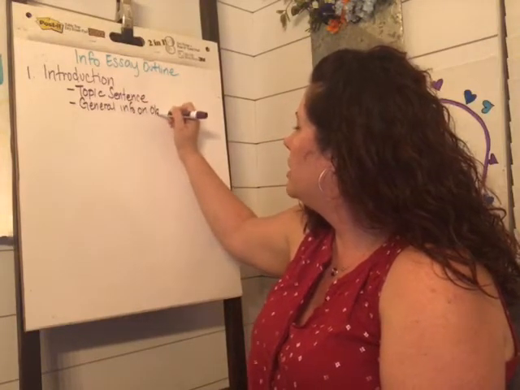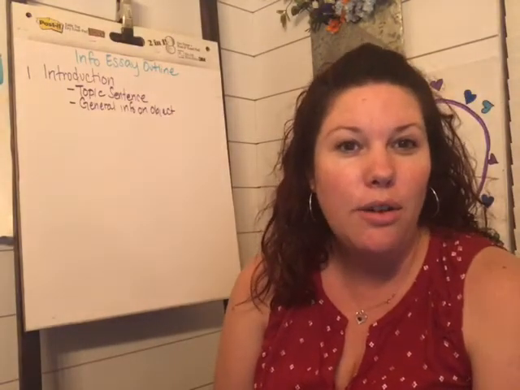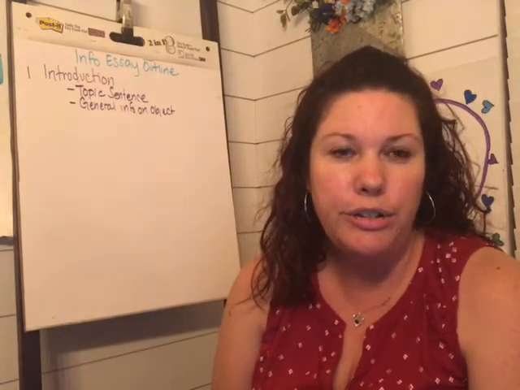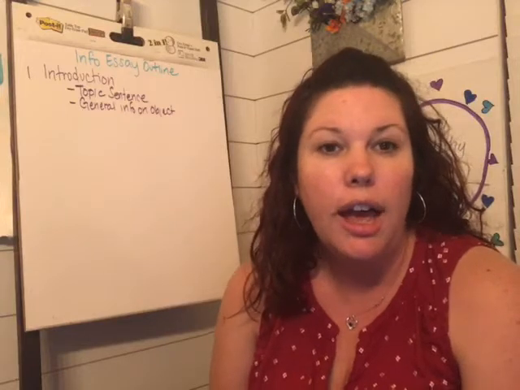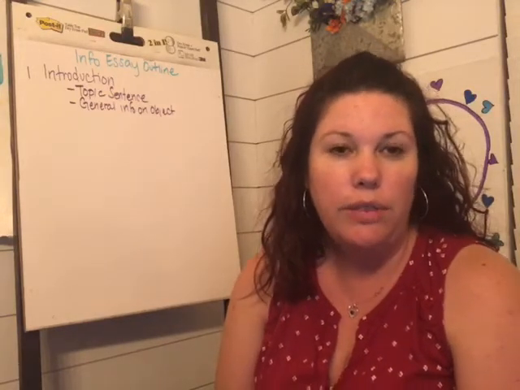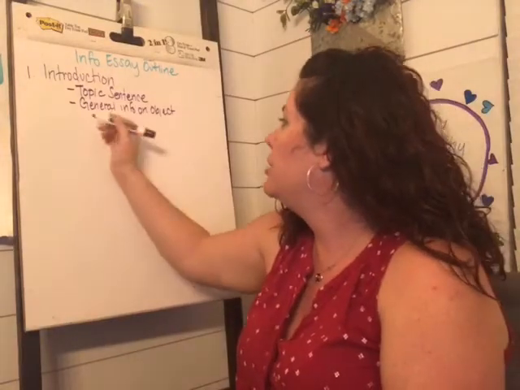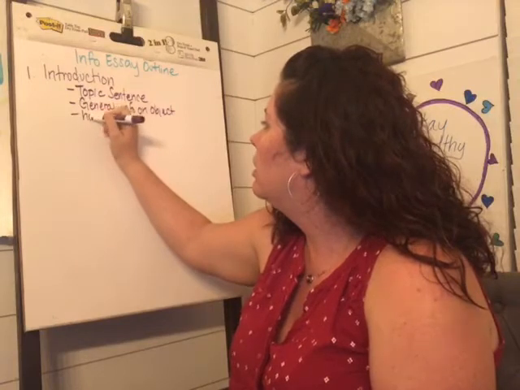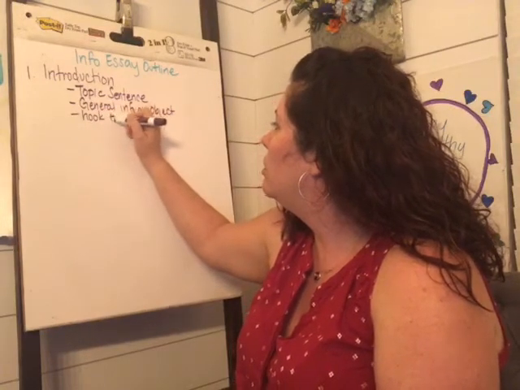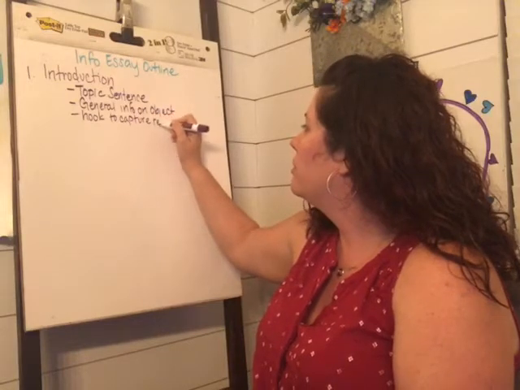And then something else that we absolutely can put into our introduction is a hook. A hook is something that's going to capture our reader's attention. So if you can think of a hook, this is where it would go. It would go in our introduction. So I'm going to put hook to capture readers.